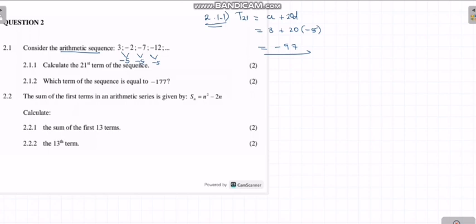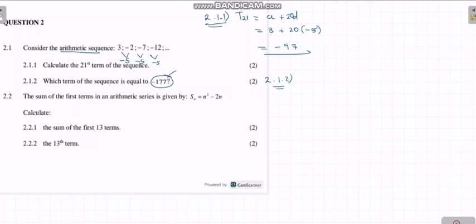2.1.2, they're saying which term of the sequence is equal to -177. So they're looking for the position of this term. This is the actual term, and they're looking for its position.